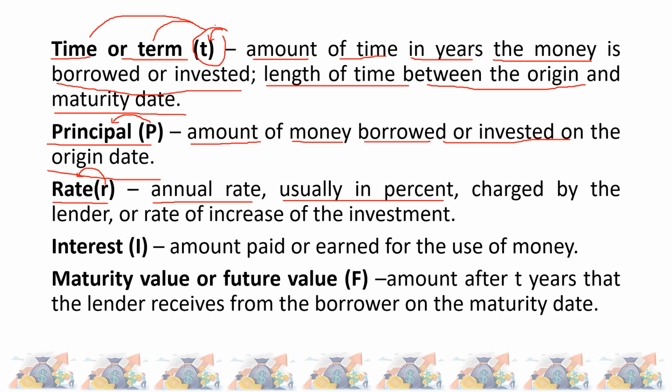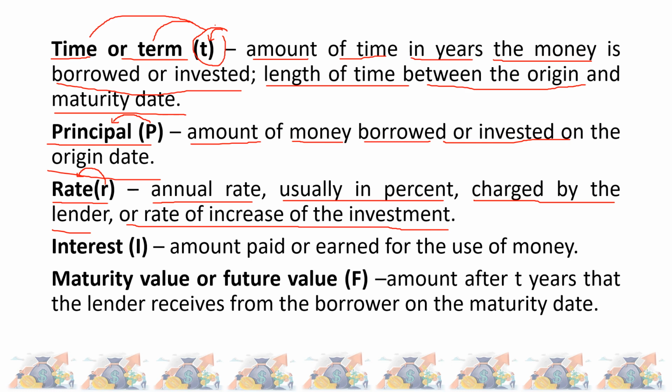But vice versa, if there's a given value of a rate of interest in terms of percent and we're asked to solve for the value of simple interest, then we need to convert this percent to a decimal. The rate is charged by the lender, or the rate of increase of the investment.